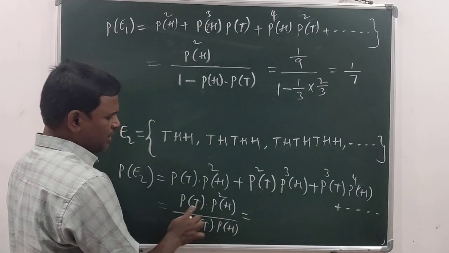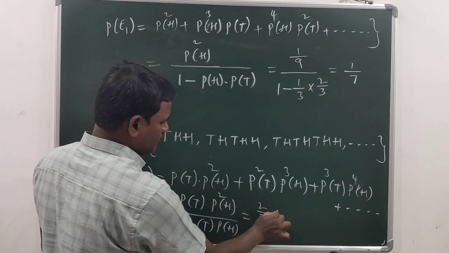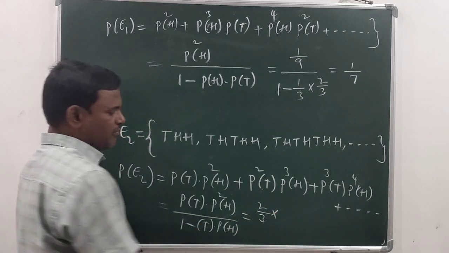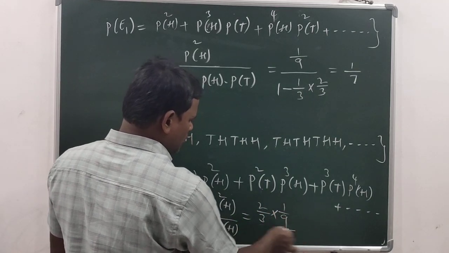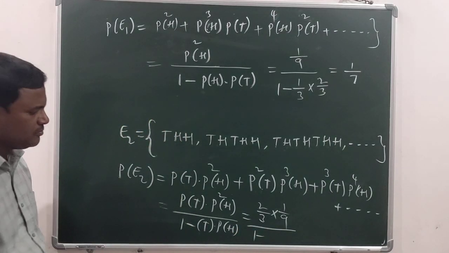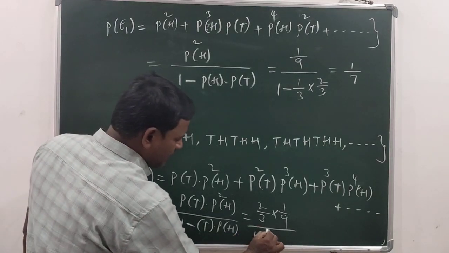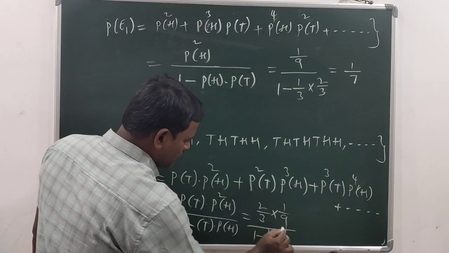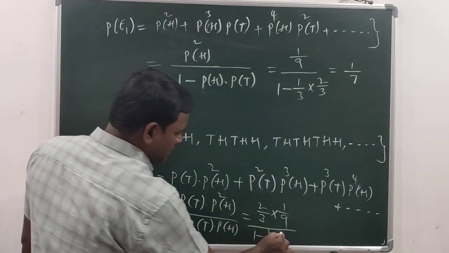Now simplify. P of T is 2 by 3 and P of H whole square is 1 by 9, whole by 1 minus, what about this? P of T 2 by 3 and P of H 1 by 3.